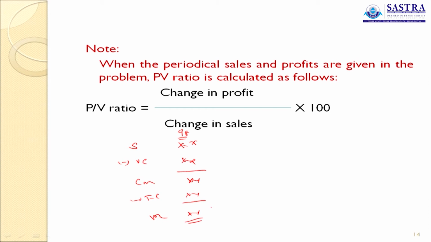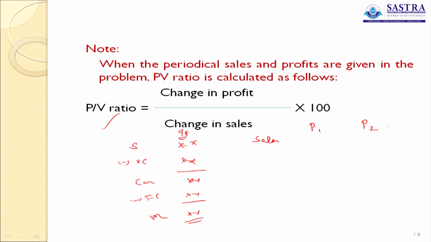But when periodical figures are given, I mean periodical sales and periodical profit are given, here you have to apply this formula. Take for example, sales for period 1 and period 2.